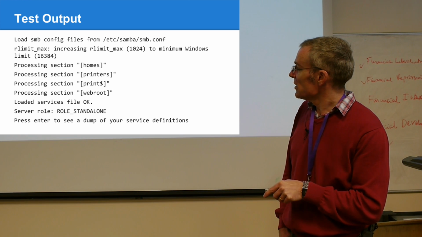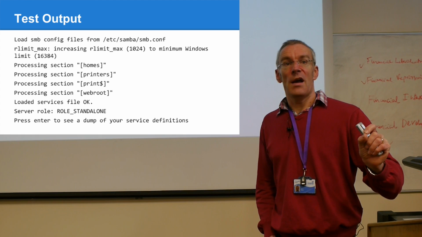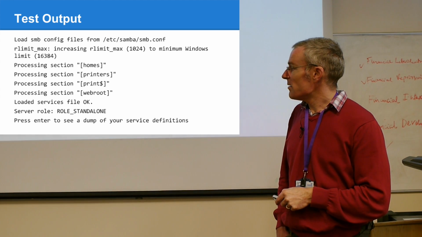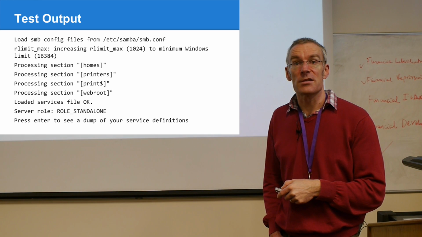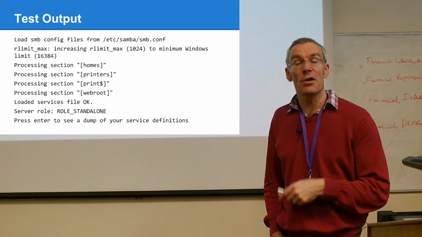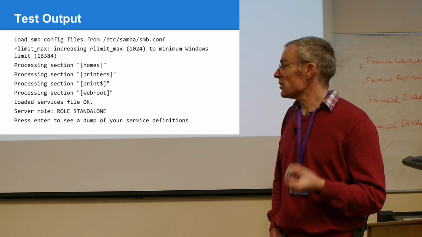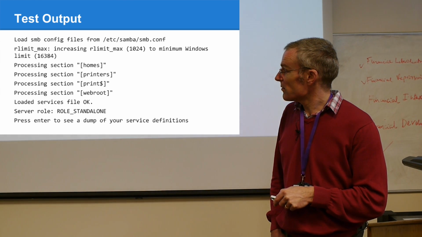There's my web root. Loaded services file OK. That means everything's fine. That line there means it's a workgroup setting and not a domain. Does that make sense? So that reminds you that the server is part of a workgroup and the server is not part of a domain. If it was part of a domain, that would change. Okay?